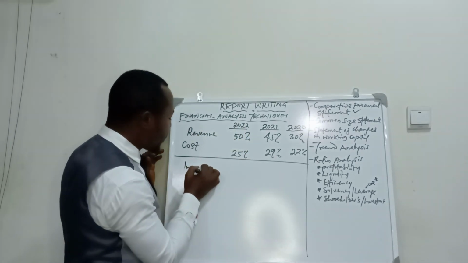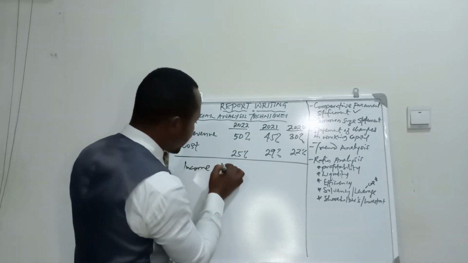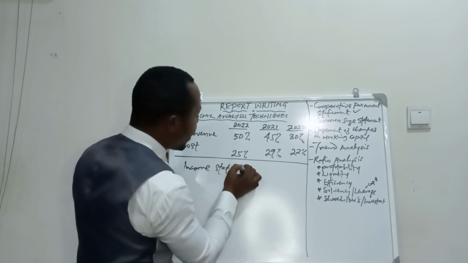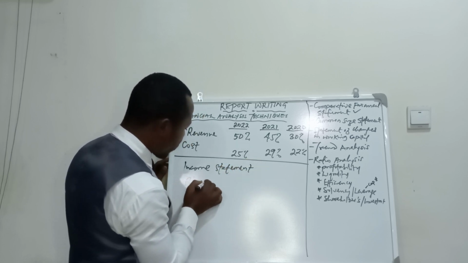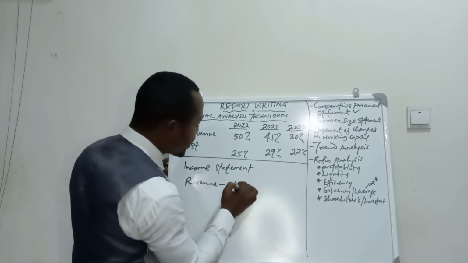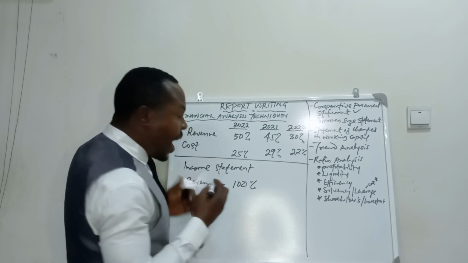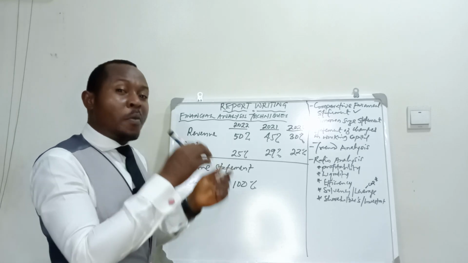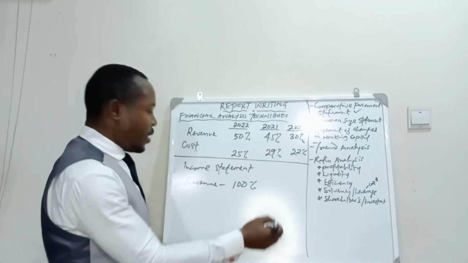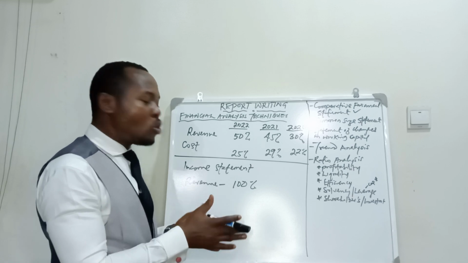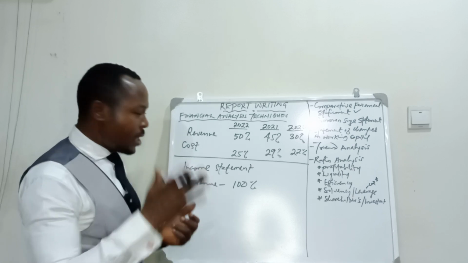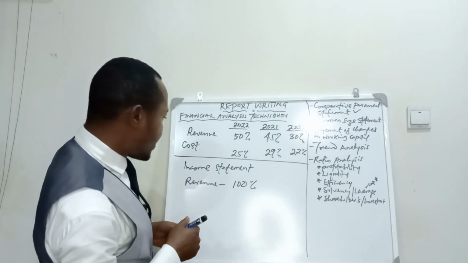Under income statement, you will make revenue 100%. Every other item in the income statement will be placed on the value of the revenue, and it will give you the percentage of revenue that it represents. Let me give you a clearer example.